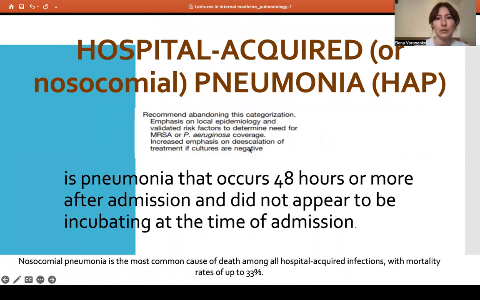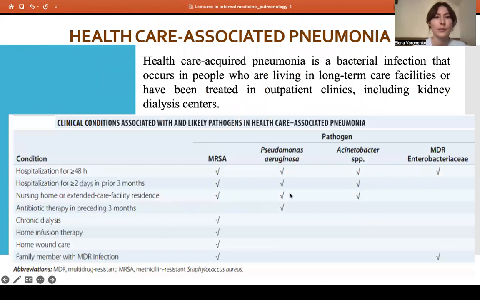Hospital acquired pneumonia is pneumonia that occurs 48 hours or more after admission and did not appear to be incubating at the time of admission. Healthcare-associated pneumonia is a bacterial infection that occurs in people who are living in long-term care facilities or have been treated in outpatient clinics, including kidney dialysis centers.